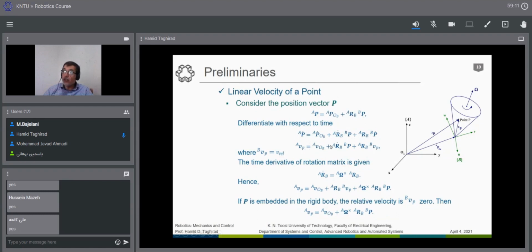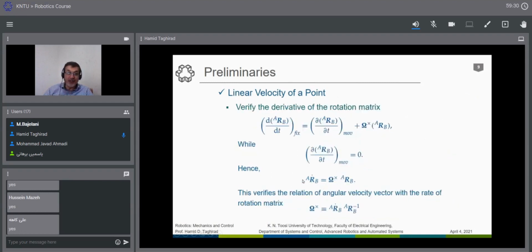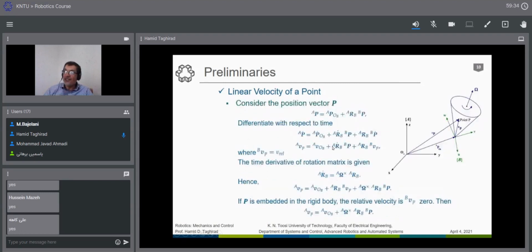It comes into three parts. Here we have two components. Here we have three components. And very simple, and this is important, R dot is the main contributing term here, and we have found R dot here, omega cross R. And this will reduce this relation to this very important rule that we can highlight here.